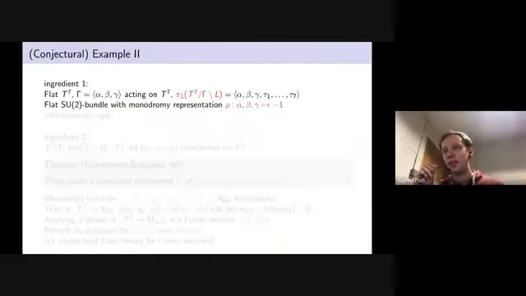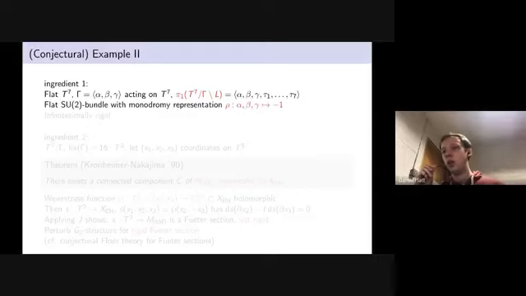So the second example is a bit more exciting because that involves a non-constant Fueta section. So if we're in the case of T7, flat T7, and I'm looking at the example from Dominic Joyce's original paper on compact G2 manifolds. There we have a group generated by 3 elements, alpha, beta, gamma, acting on T7.